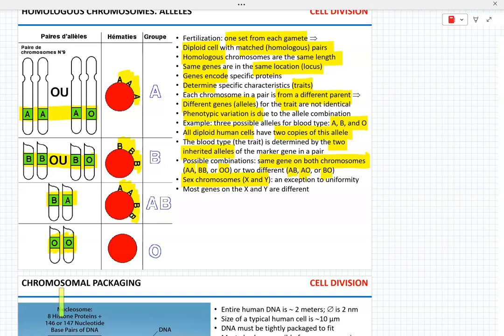If sex chromosomes are X and X, it's a female. As you can imagine, genes that are present on the sex chromosome X, that is inherited from one parent, and sex chromosome Y, which is inherited from another parent, these genes, these alleles, are not identical because the chromosomes are not identical.